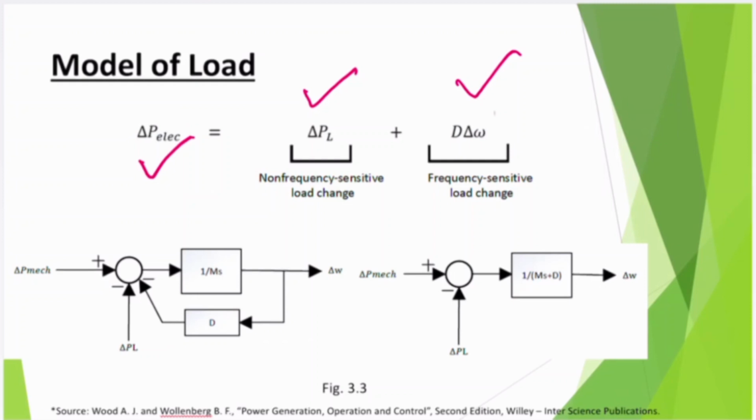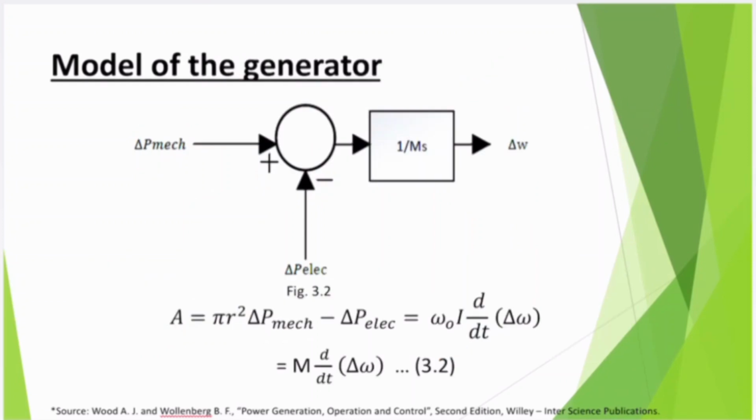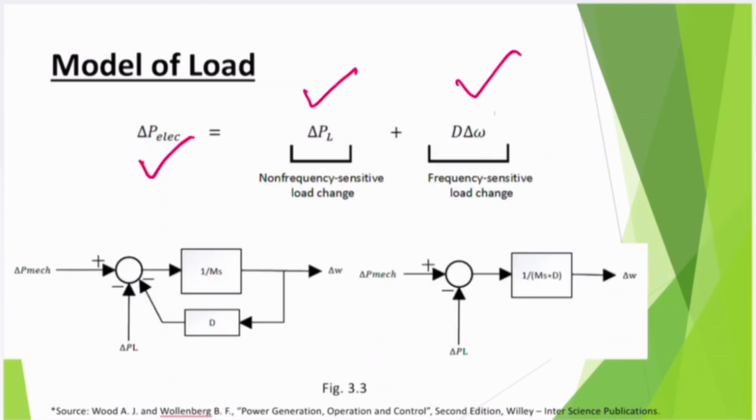So instead of delta P electrical, the equation is replaced by these two components: delta P load and D delta omega.